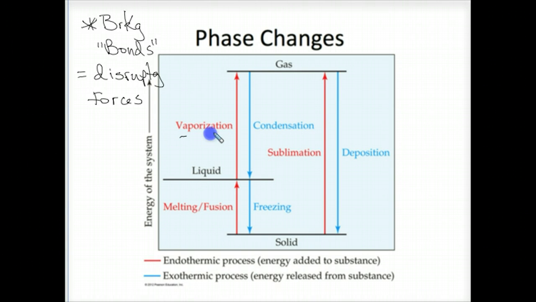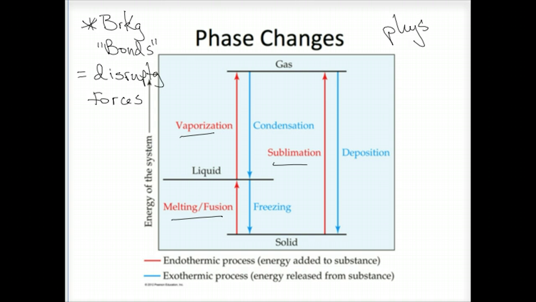And this is why vaporization, sublimation, and melting and fusion require energy. They are energy absorbing processes. What's cool about this, and one of the things you want to recognize, is when we talk of phase change, remember phase change is a physical property. It's a physical change in matter.